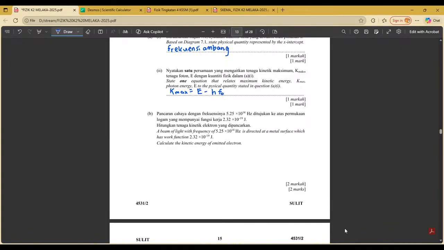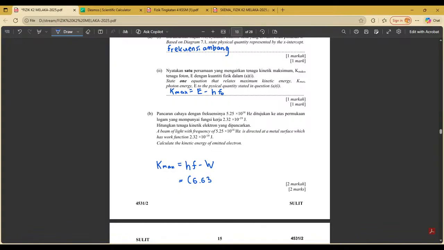A beam of light with frequency 5.25 times 10 to the 14 hertz is directed at metal surface with the work function 2.32 times 10 to the negative 19 joule. Calculate the kinetic energy of the emitted electron. So K max equals HF minus W equals 6.63.